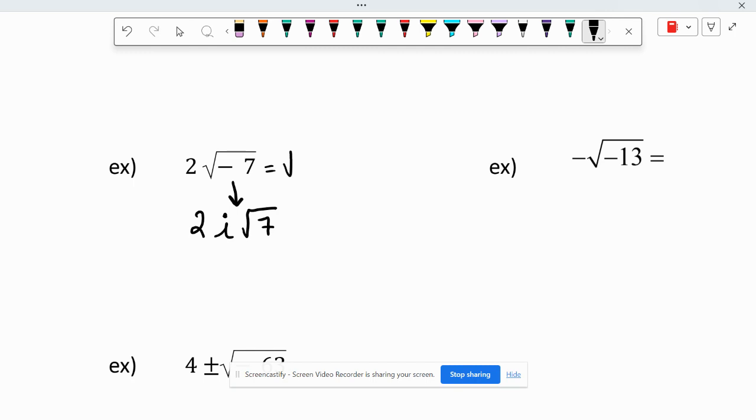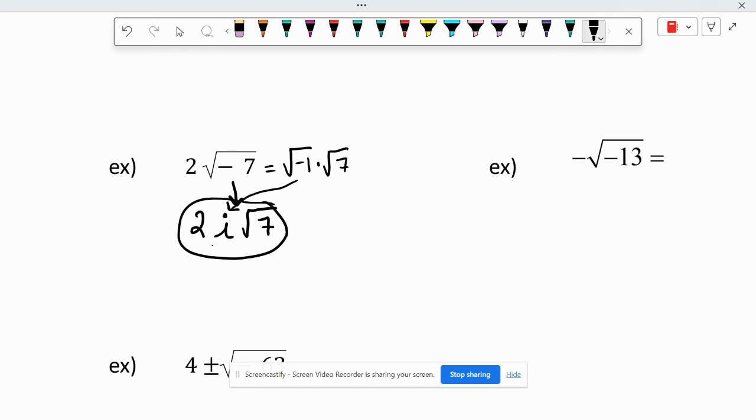Because remember, this is the same thing as the square root of -1 times the square root of 7. Isn't that what we just did? So I'm wanting you guys to recognize that you can just pull an I out and have the positive number underneath the square root.